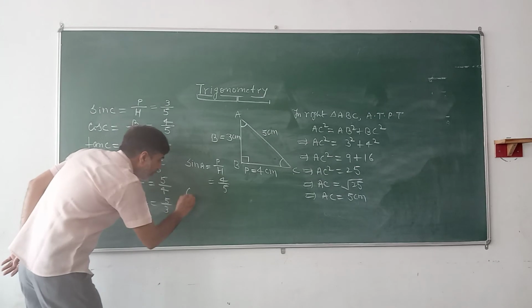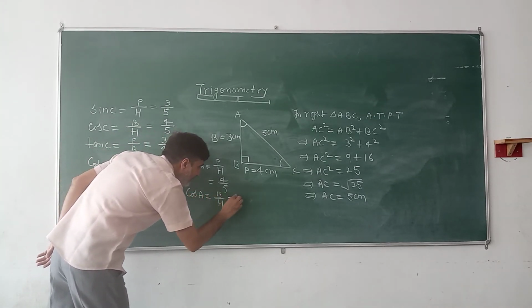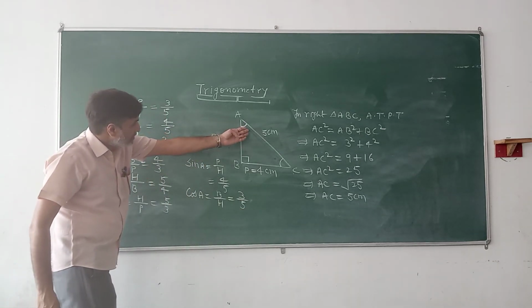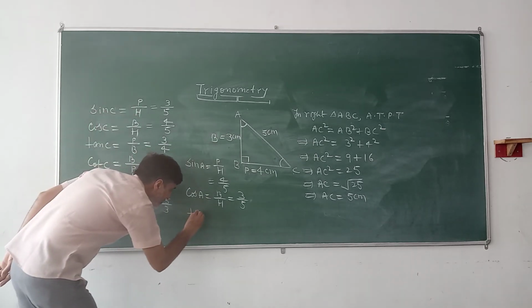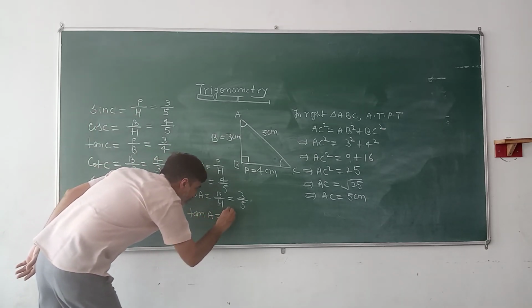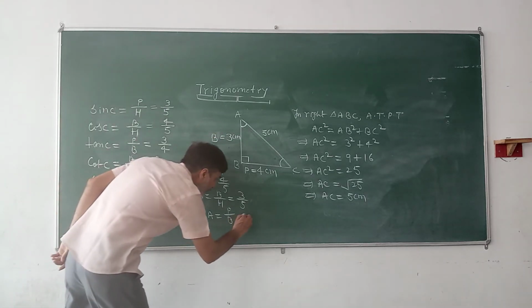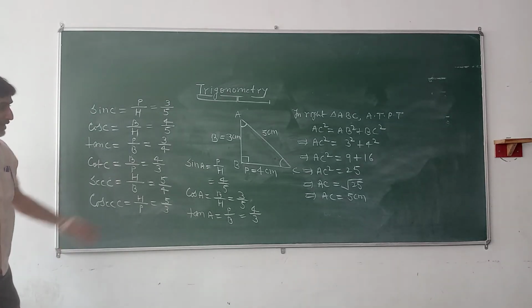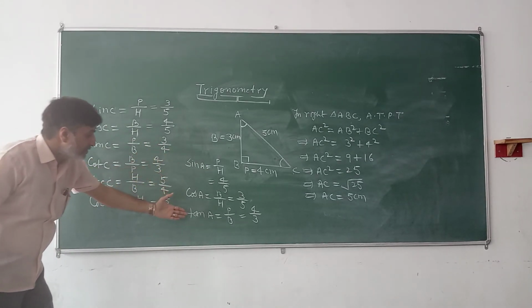Similarly, cos A, which is always B by H, becomes 3 by 5, because with respect to angle A, AB becomes base. Tan A, tan is always P by B, and with respect to angle A, 4 becomes perpendicular and 3 becomes base. And the other three trigonometrical ratios are all reciprocals of these three.